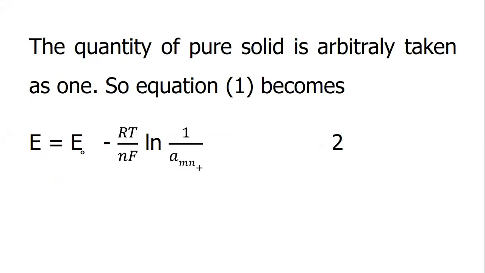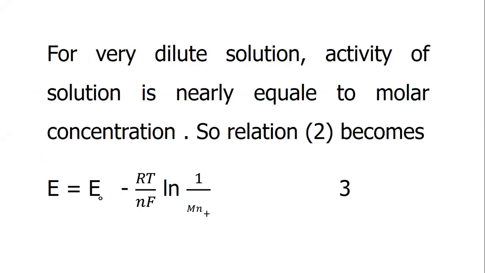The activity of a pure solid is arbitrarily taken as 1. So equation 1 becomes E equals E naught minus RT over nF ln 1 over a_Mn+. For a very dilute solution, activity is nearly equal to molar concentration.